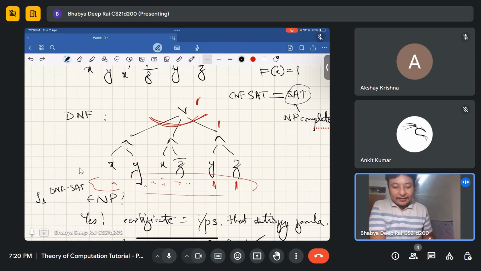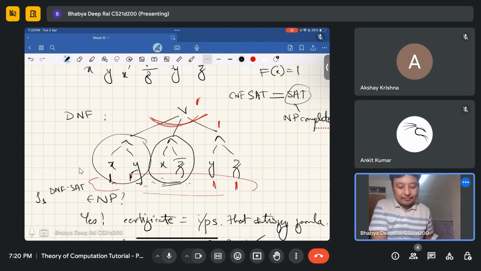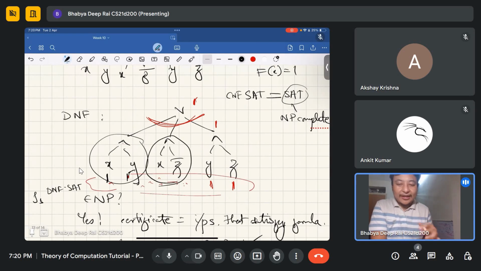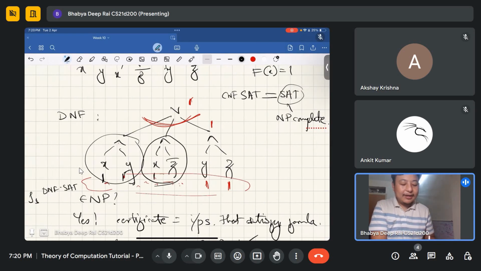And how do I achieve that? Well, I want to satisfy this term, so I'll set x to 1, y to 1. Good. If I want to satisfy, say, this term, what do I do? If it is a positive literal, that is, no negation gate is there, then I'll set it as 1. If it is a negative literal, that is, there is a not gate here, then I'll set it as 0. Then this term is satisfied, right? That is the logic here.